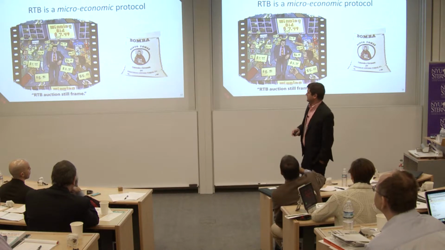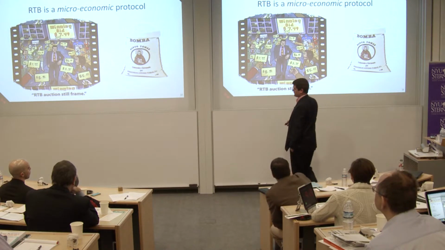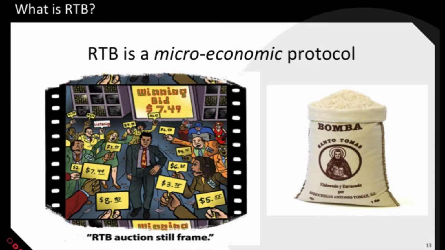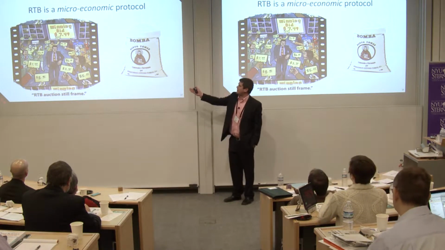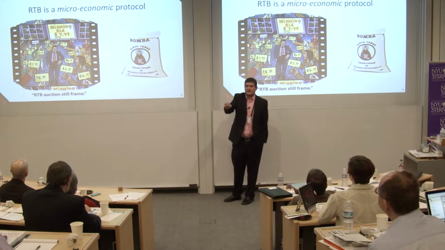So what is RTB? It's a microeconomic protocol. It is as if you are auctioning off individual grains of rice instead of the bag. An impression comes in, buyers signal their interest, the auction is closed, and you've sold that grain of rice.